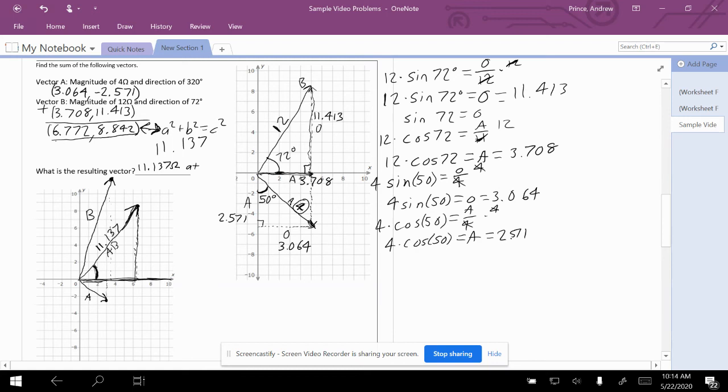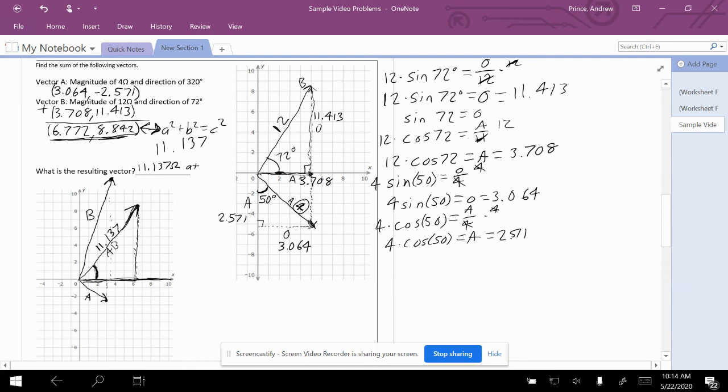Since these are my most accurate numbers, since I started with these and I rounded the hypotenuse, I'll go ahead and use these. What I can do with that is use tangent, opposite over adjacent. Now, which one of these is opposite and which is adjacent? Well, let's take a look.